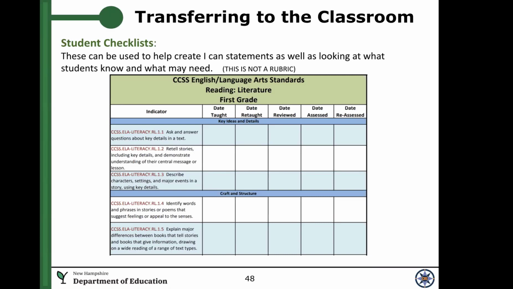So I will be developing some checklists for you that will be pushed out. Annie has already done a lot of work on this on the math side of things. You can look forward to some checklists to come for your grade levels. They'll be coming down the pike soon, so that hopefully you can use them as a reference or as a resource to keep track of your classroom progress towards the Common Core state standards.